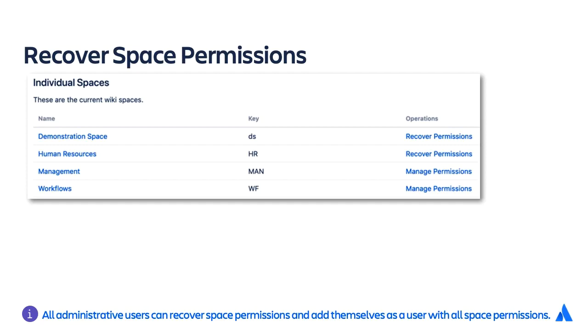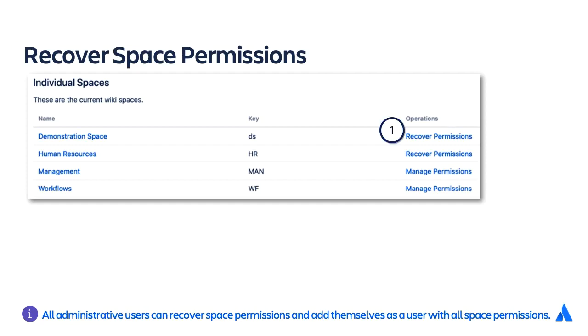Users with the System Administrator Global Permission can add themselves to the Confluence Administrators Group, and then they can access all content regardless of permissions or restrictions. It is also possible for any user with Global Administration permissions to grant themselves all permissions for a space, including Space Admin. This feature is in place to assist in the event of users accidentally removing themselves from the Space Admin permission. Administrators can access the Space Permissions Administration panel, where default space permissions are managed.